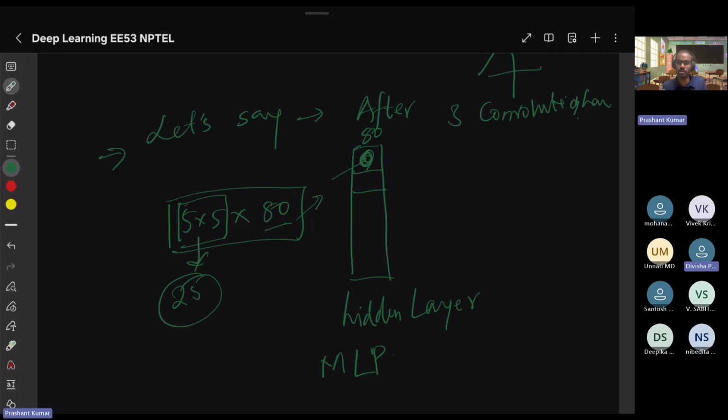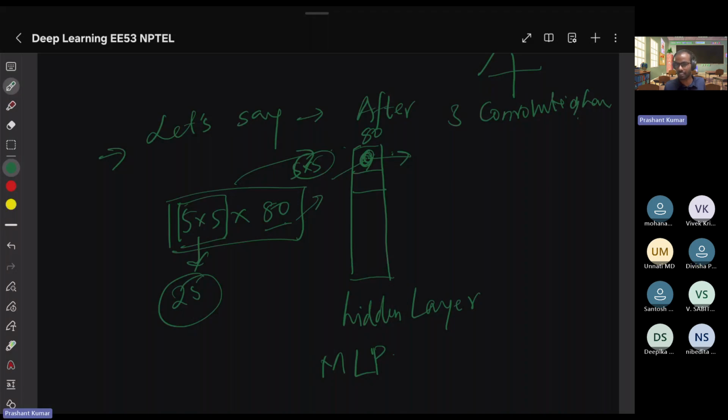Then it can do the element-wise multiplication and addition to create one output. Correct? So there is a convolution of 5 cross 5 happening here to create one output.